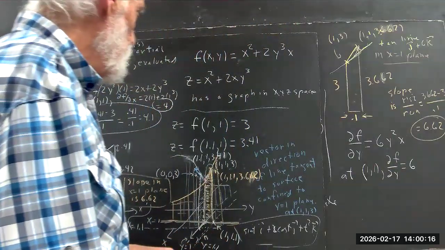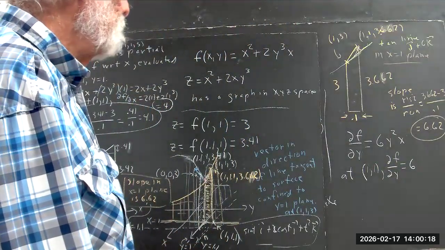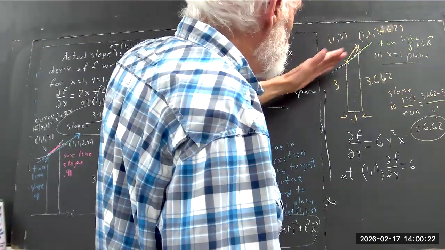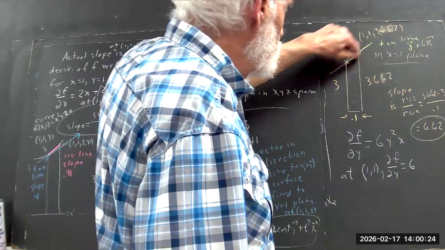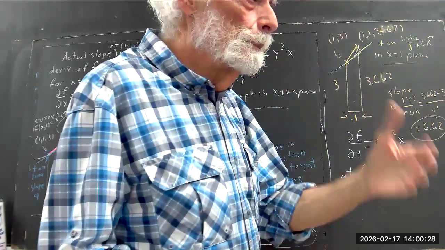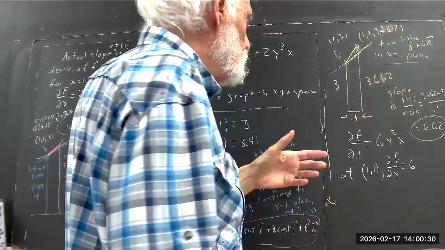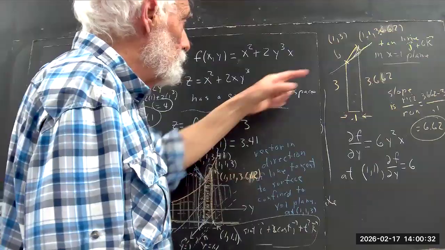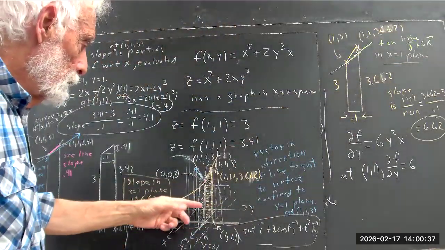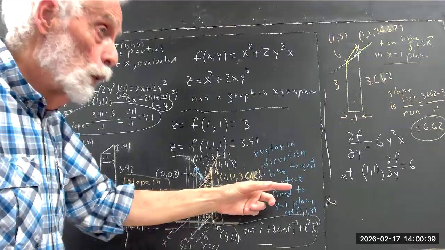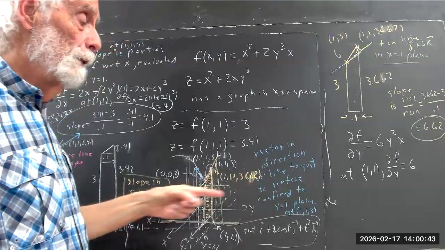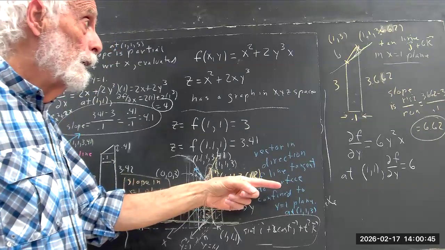Now my question is, what's a tangent line? Okay, well, I've drawn a tangent line. I've drawn a white curve here, and I've drawn a tangent line. Just as we did before, we can say, well, the direction from here to here, we go back to the picture, is the y direction, so j is a vector in this direction.